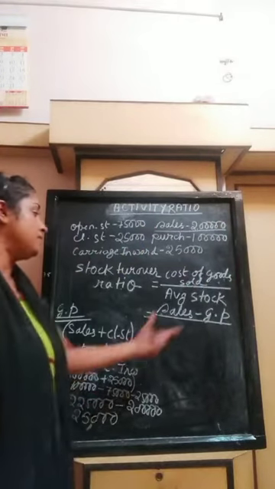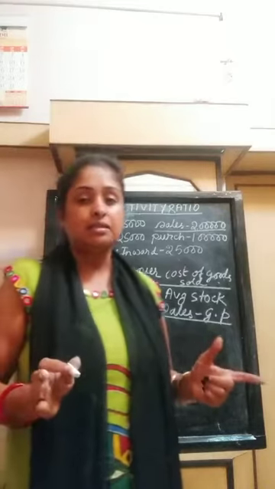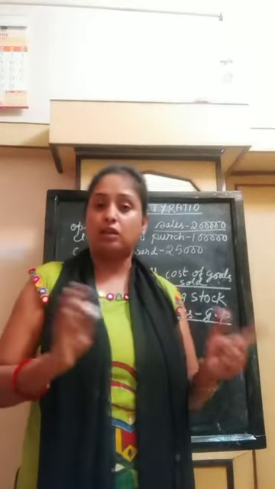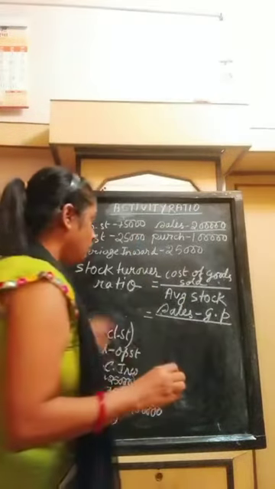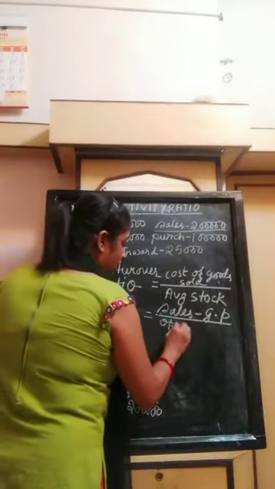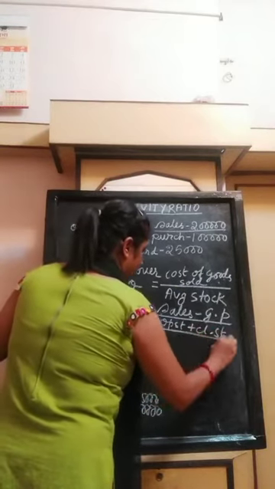Now the problem is average stock. What is average stock? You have to add opening stock and closing stock and divide by 2. So average stock we write as opening stock plus closing stock divided by 2.